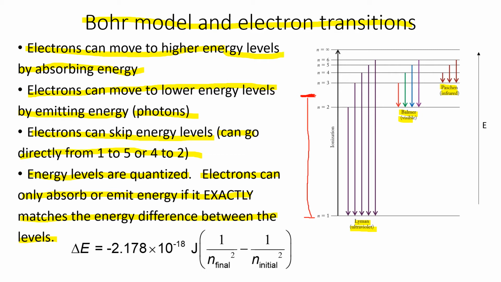Another way of thinking about it is that there is a complete no-go zone between these energy levels. Nothing exists between those energy levels. These are the smallest steps you can actually see. You can't be at n equals 2.5 and then make change to go to n equals 2. That doesn't work here.